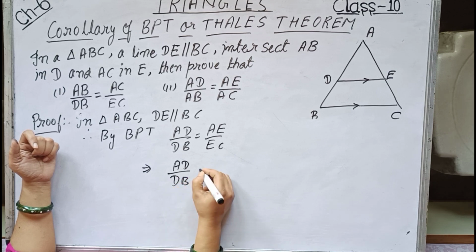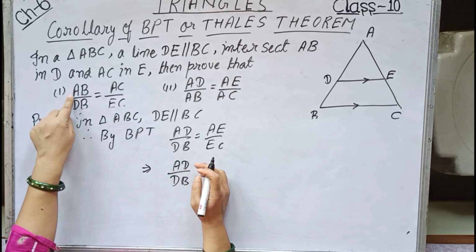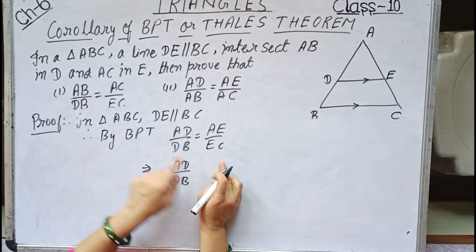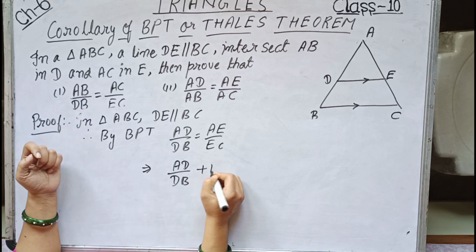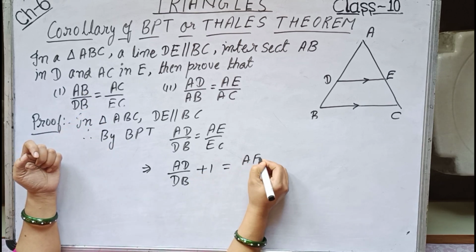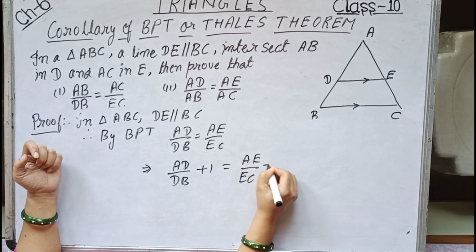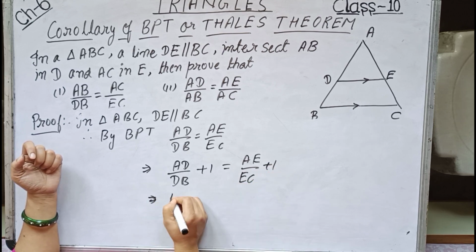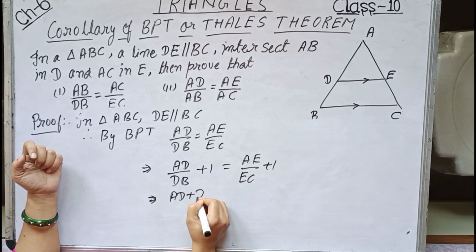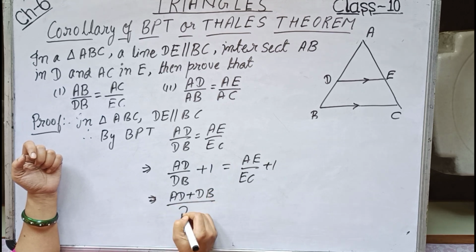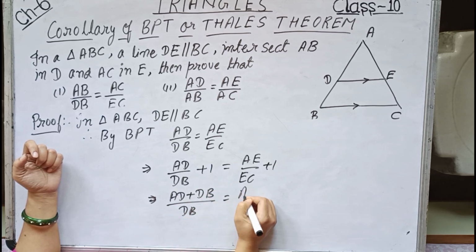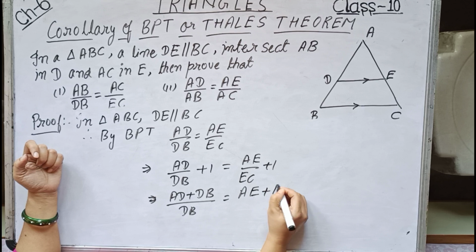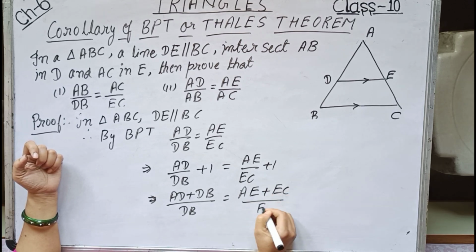AD by DB: AD plus DB we will be getting as AB. So if I add 1 over here, I will be getting AB in the numerator. Plus 1 equals AE by EC plus 1. This implies AD plus DB by DB equals AE plus EC by EC.